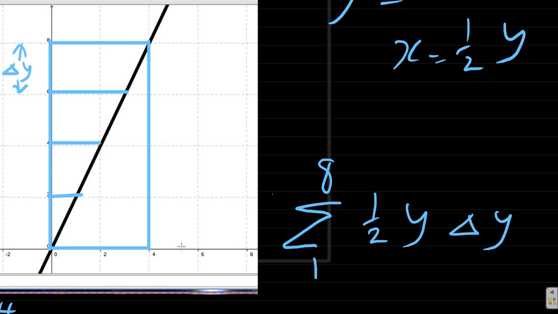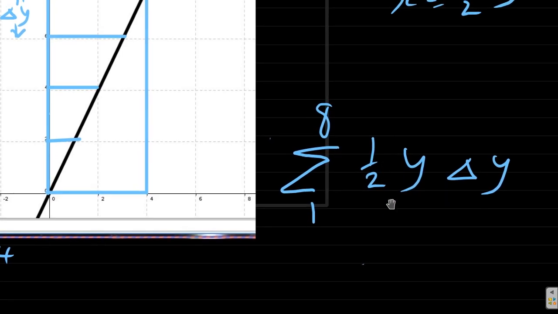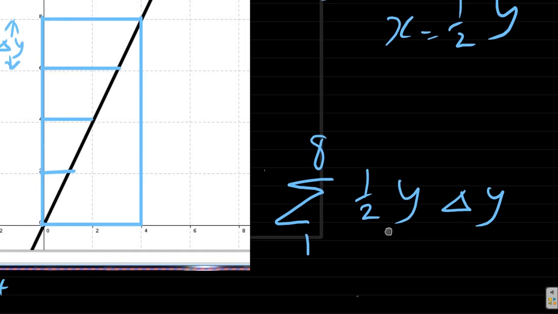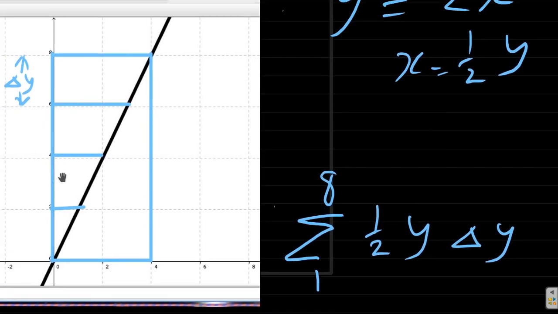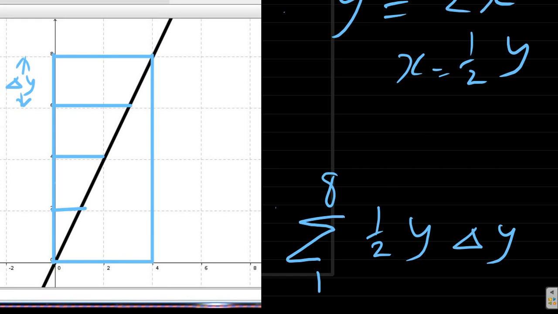So here, if we consider these trapeziums, the width of each trapezium this way is half y. When we are at 4, we go down to 2. Remember, originally it was x equal 2, y equal 4. Now it's y equal 4, x equal 2. So instead of 2x, it's half y now. Alright?